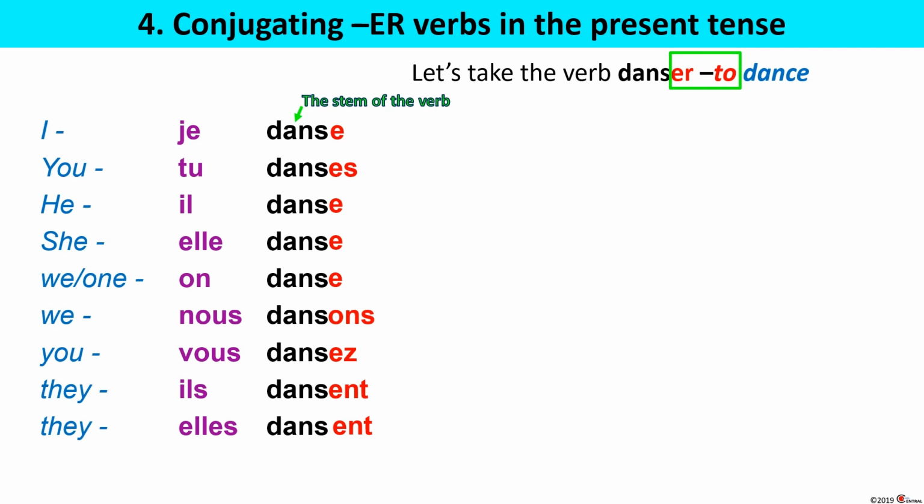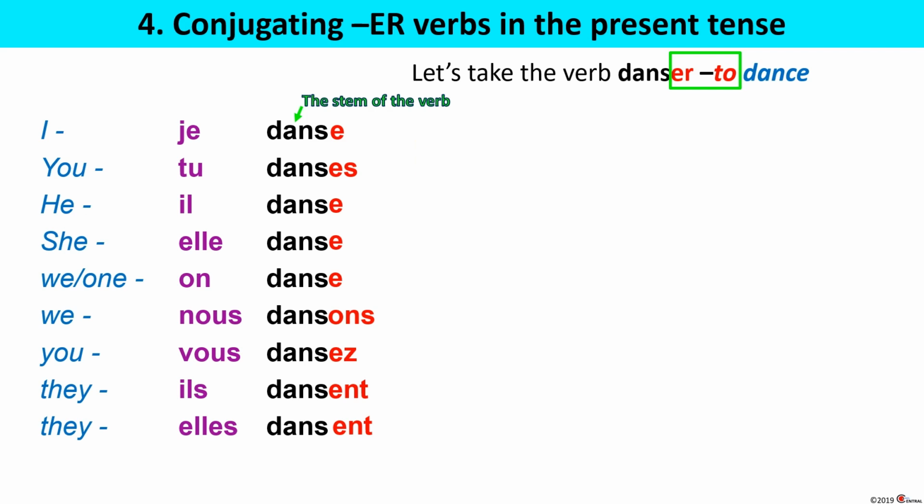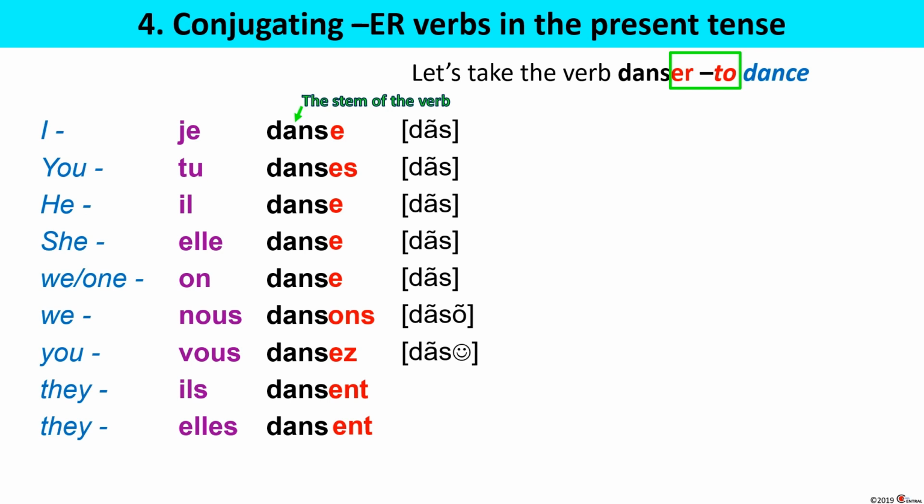Now, very important to remember that most of these are going to be silent endings, and it goes like that in terms of pronunciation. Je danse, tu danses, il danse, elle danse, on danse. Nous dansons, vous dansez, ils dansent, elles dansent.